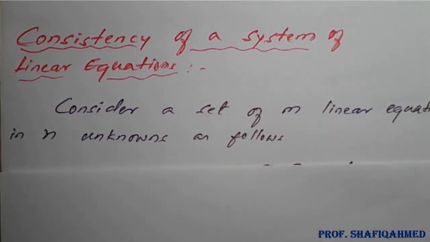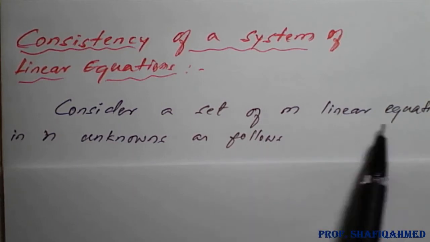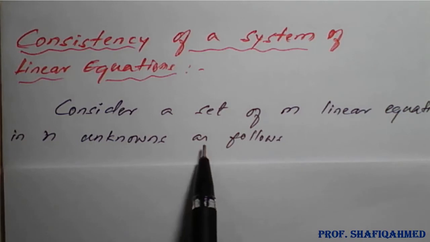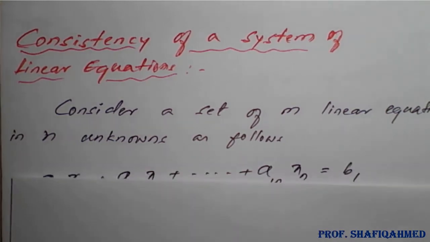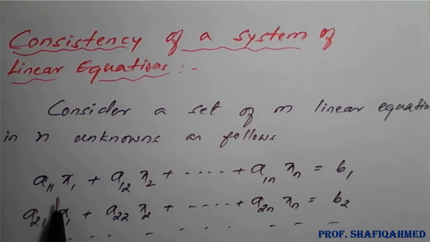Consider a system of m linear equations in n unknowns, which are as follows. a11 x1 plus a12 x2 plus so on plus a1n xn is equal to b1.